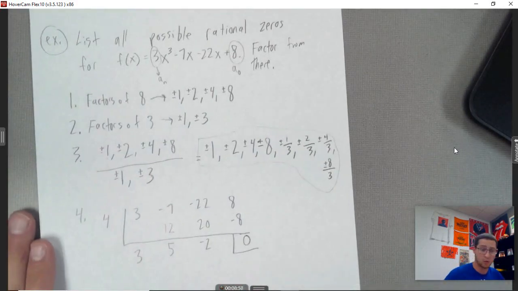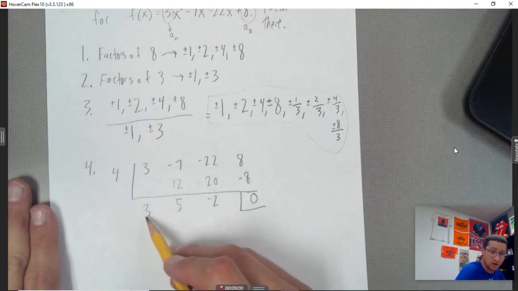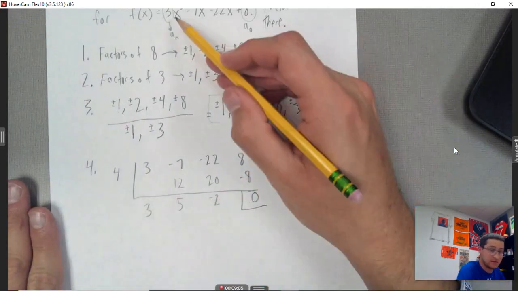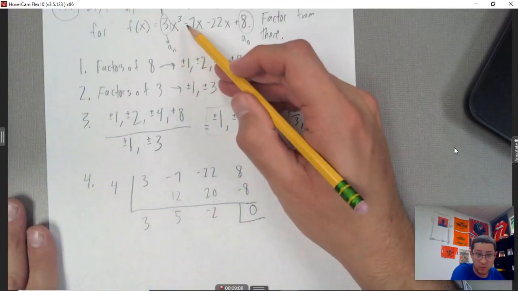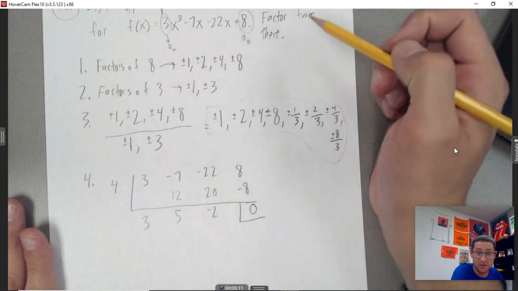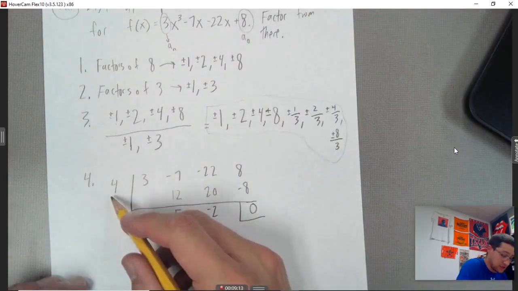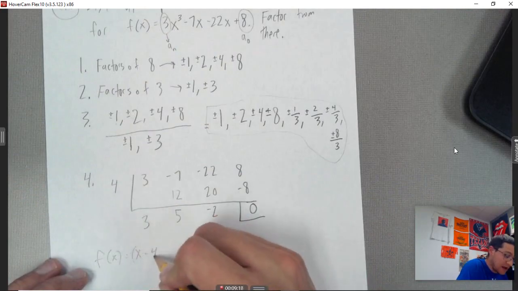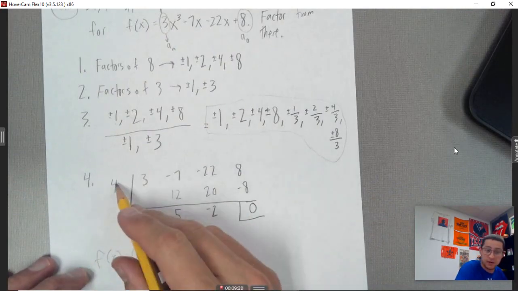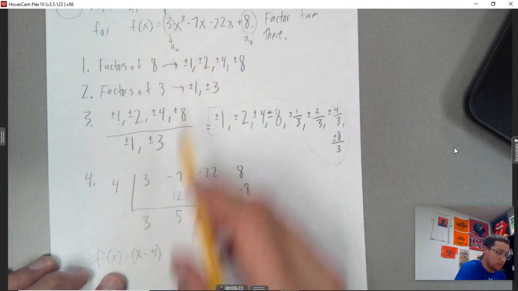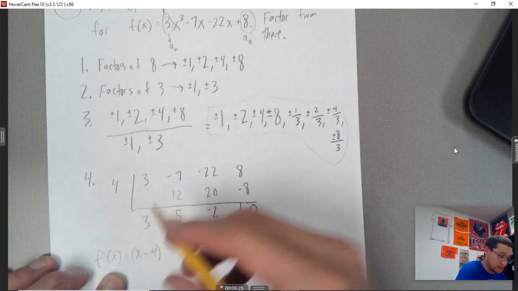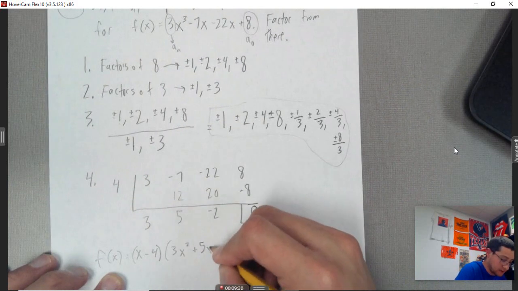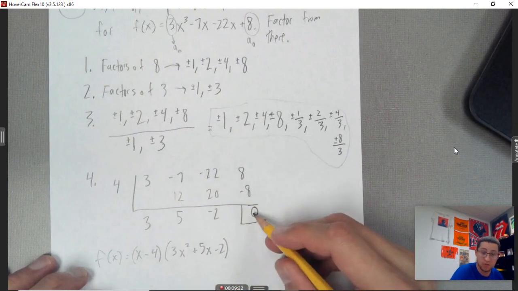So what we have now is a new polynomial. This originally was 3x cubed minus 7x squared minus 22x plus 8. Now, because of this 4, my f of x, just keeping track, is x minus 4, and then this part is 3x squared plus 5x minus 2, no remainder.